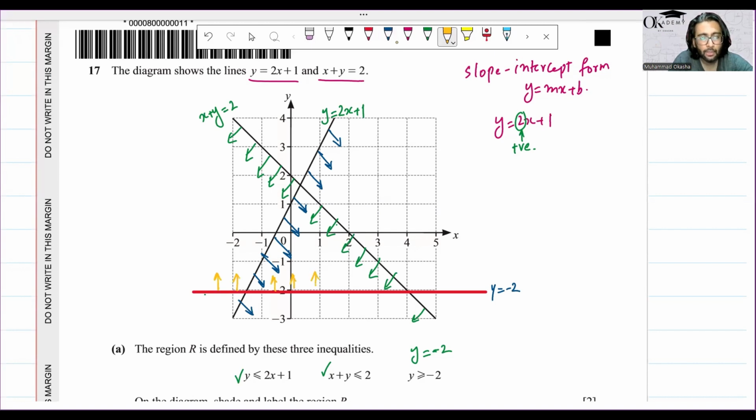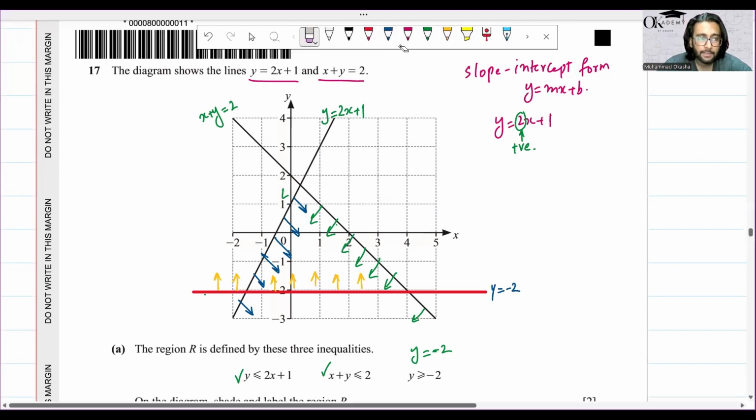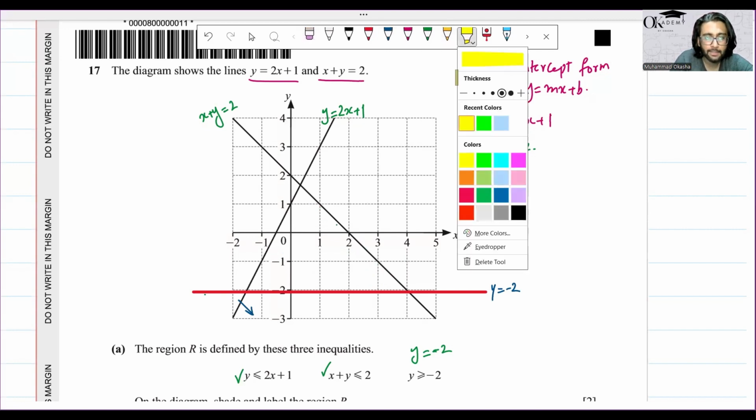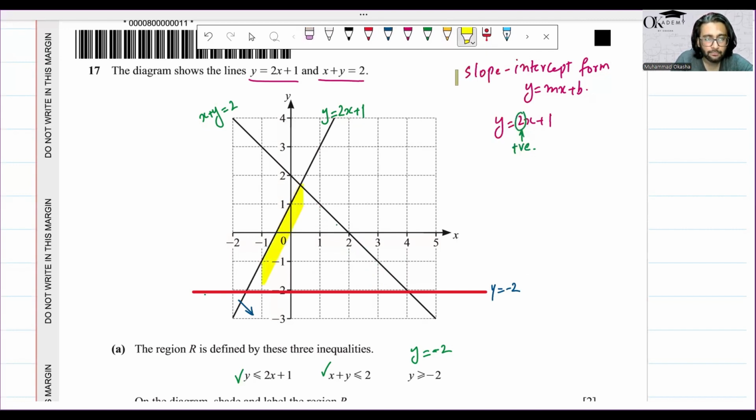So which is the shared area where all of the shading is meeting? I think this is the shared area, the combined shaded area. So I'll take off these lines and do my shading with a highlighter, because I just realized this is my region.